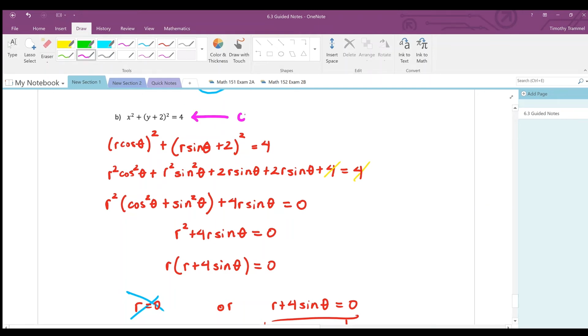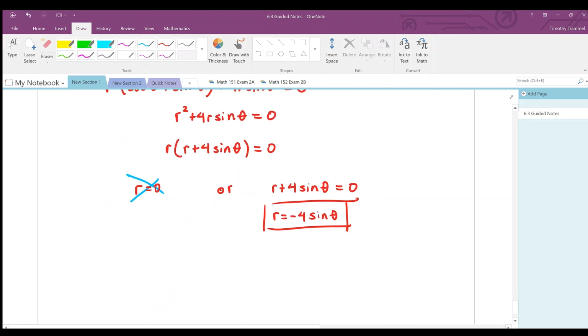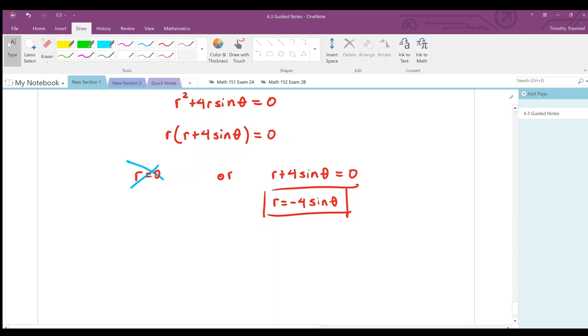This is a circle centered at (0, minus 2) with radius 2. Okay. So that's what we should see when we graph both of these on our calculator. All right, and that's it.